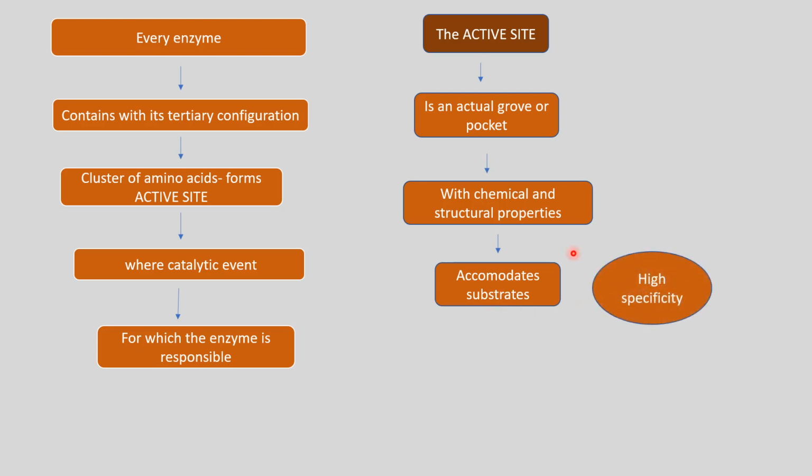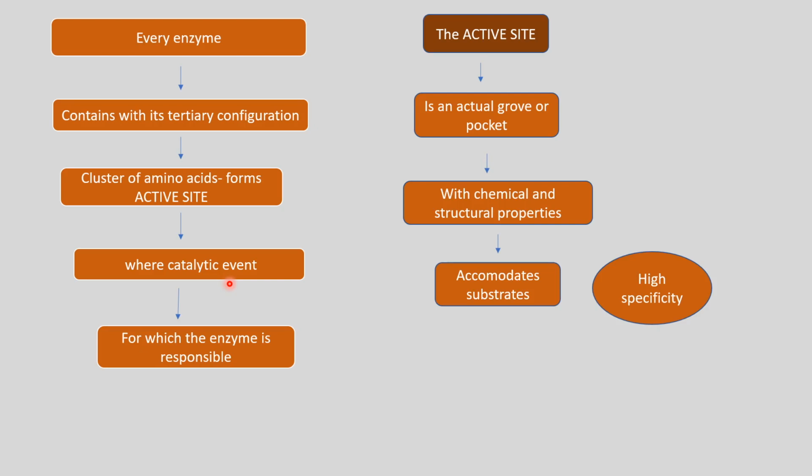And the enzyme is of high specificity, right? So not all substrates can bind to the active site of the enzyme, because enzymes are substrate specific, right? So the active site is a very important part in the structure of enzymes when we come to enzyme substrate interaction.